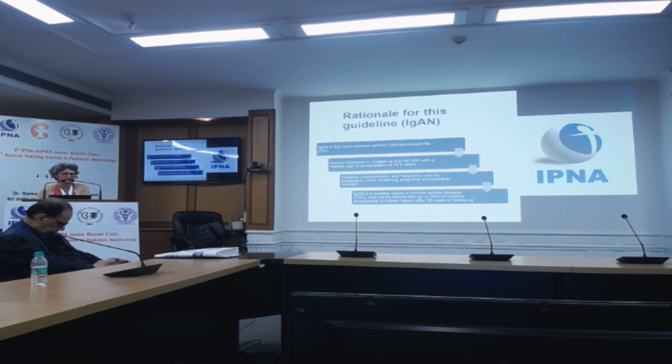Also, in some countries, in particular Japan, there are urinary screening programs that make early detection of this disease much more frequent and therefore make its clinical course very different. There's also very substantial practice variation in how this disease is managed in different parts of the world. It's a leading cause of chronic kidney disease and kidney failure, with up to 50% of children progressing to kidney failure after 30 years of follow-up.